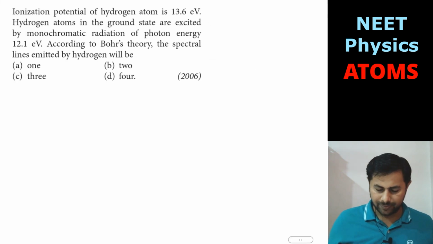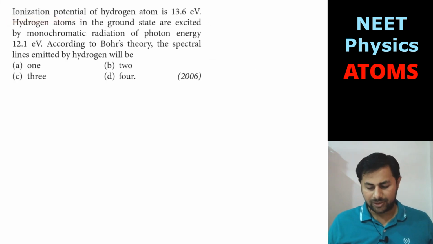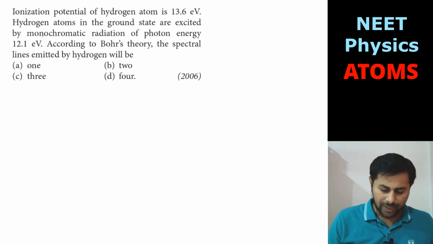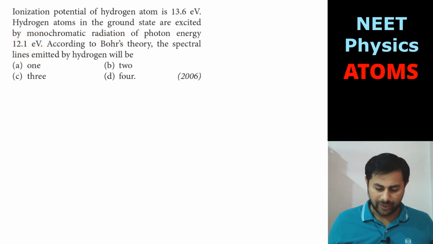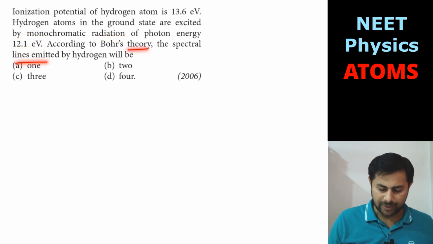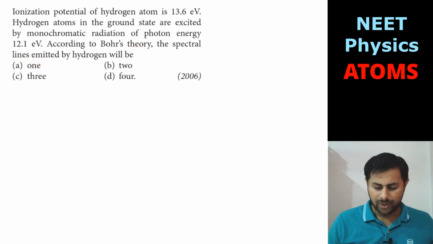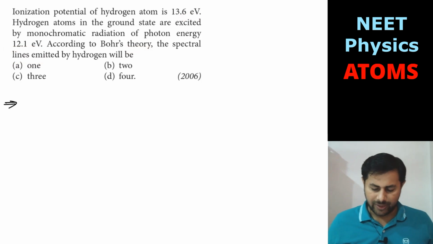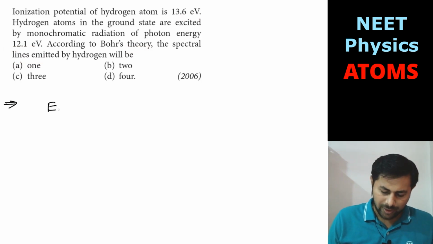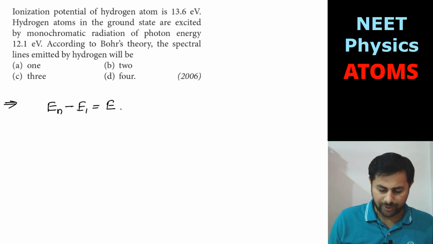Let's see the next one. Ionization potential of hydrogen atom is 13.6 eV. Hydrogen atoms in the ground state are excited by monochromatic radiation of photon energy 12.1 eV. According to Bohr's theory, the spectral lines emitted by hydrogen will be. So we just need to check where it goes, right? We have En minus E1 equals the energy of this photon, or the energy of the nth orbit is equal to E1 plus the energy of the photon.